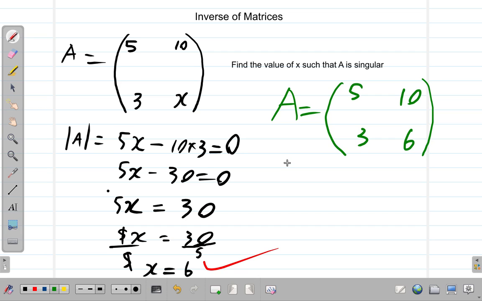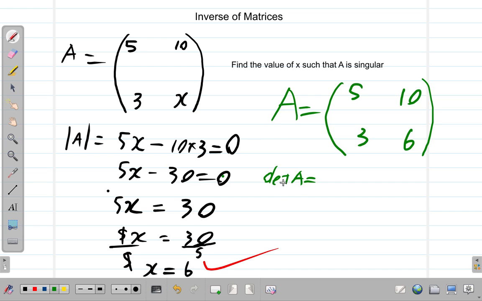You look back in your notes that you made from a previous video and you find the determinant of A. Remember, you have the lines around A, or you can write DETA, whichever you want.